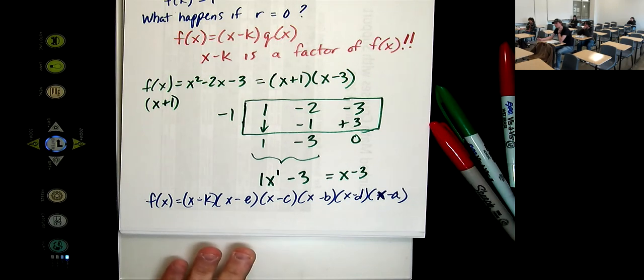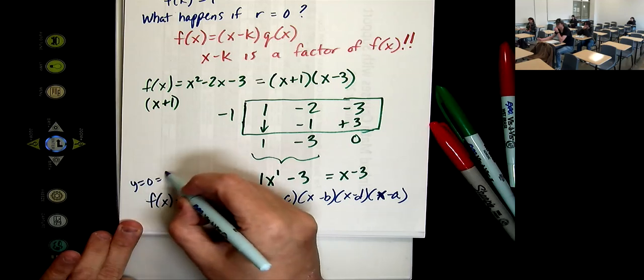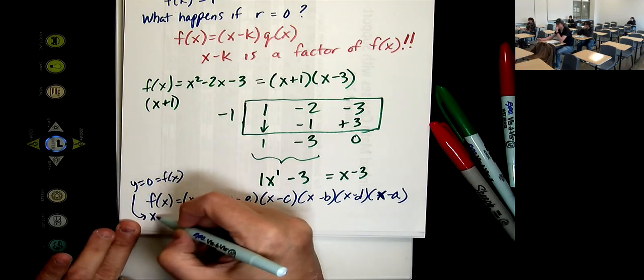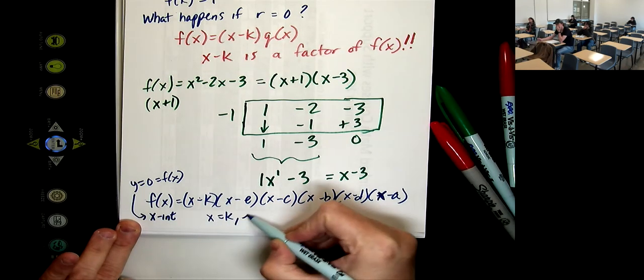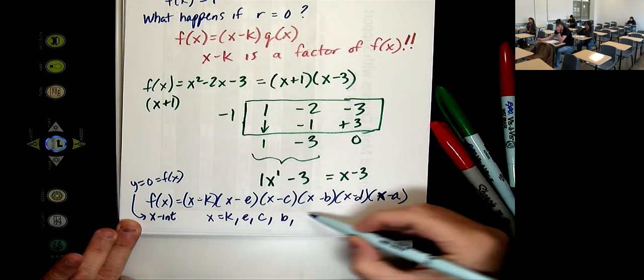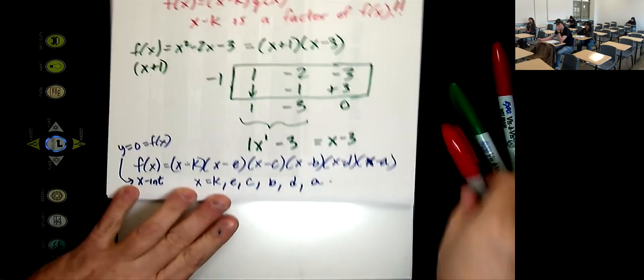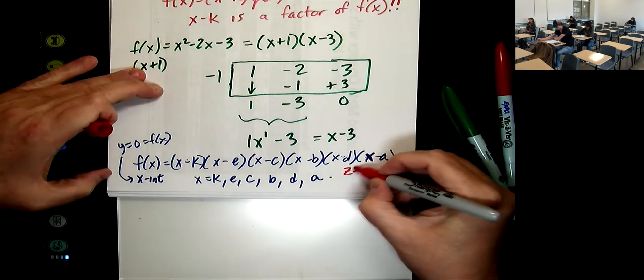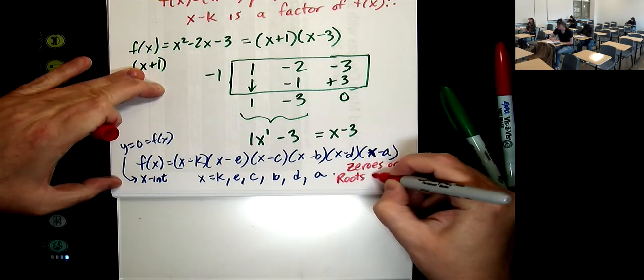This is going to be a pain to graph, but if I say y equals 0 or f of x equals 0, I now have all of my x-intercepts. And my x-intercepts are k, e, c, b, d, and a. So if we can write it and figure out these factors, we've made that graph a whole lot easier by finding those spots. These have a name. These are called the zeros or roots of the polynomial f of x.